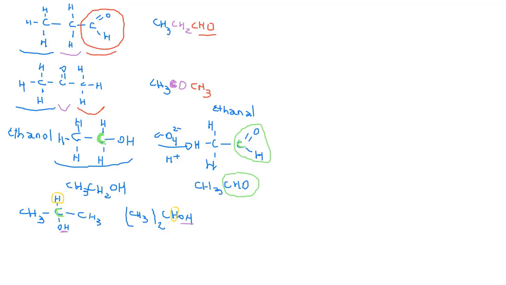Very good. And then what is the product when this oxidizes? Well, when this oxidizes, we said that the carbon bearing the OH converts into a ketone, and one hydrogen is lost.